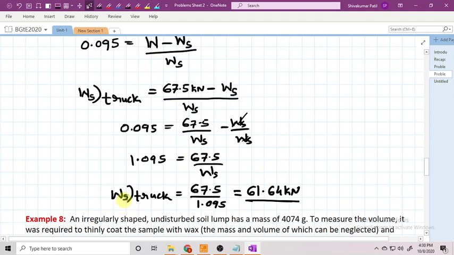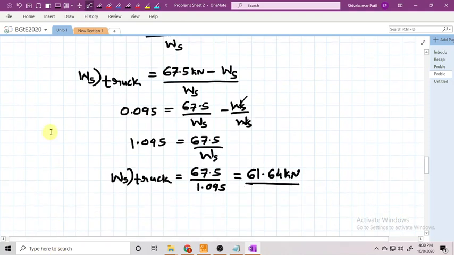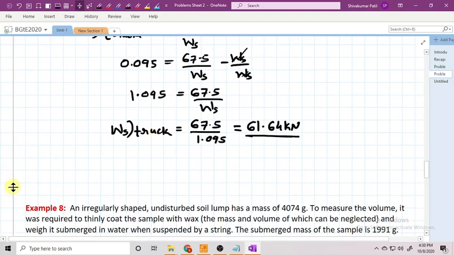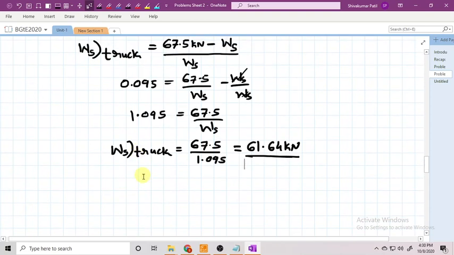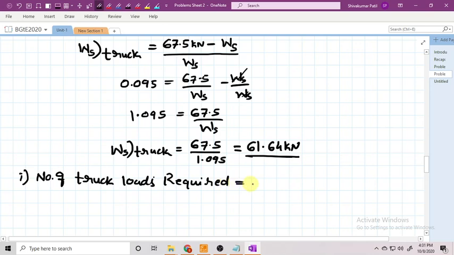Now let me get some space here. Now you know the weight of solids in the truck, so you can calculate the first quantity: the number of truckloads required.